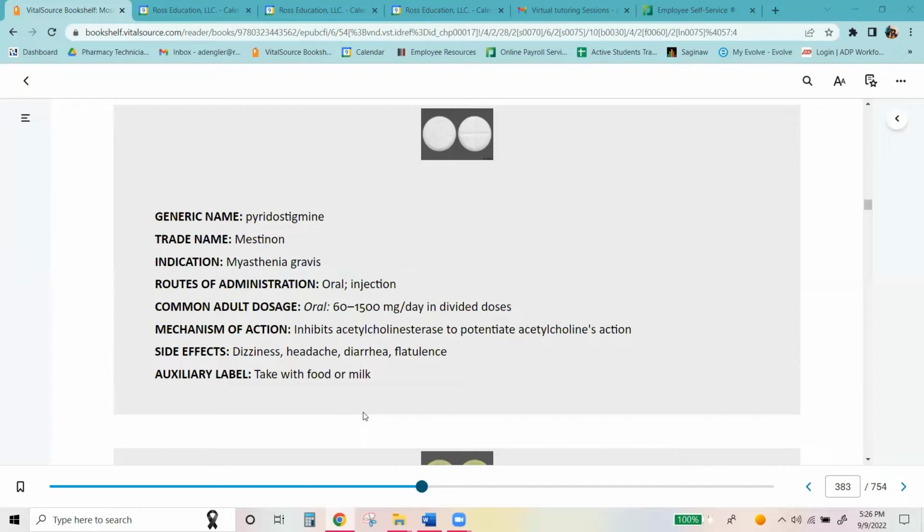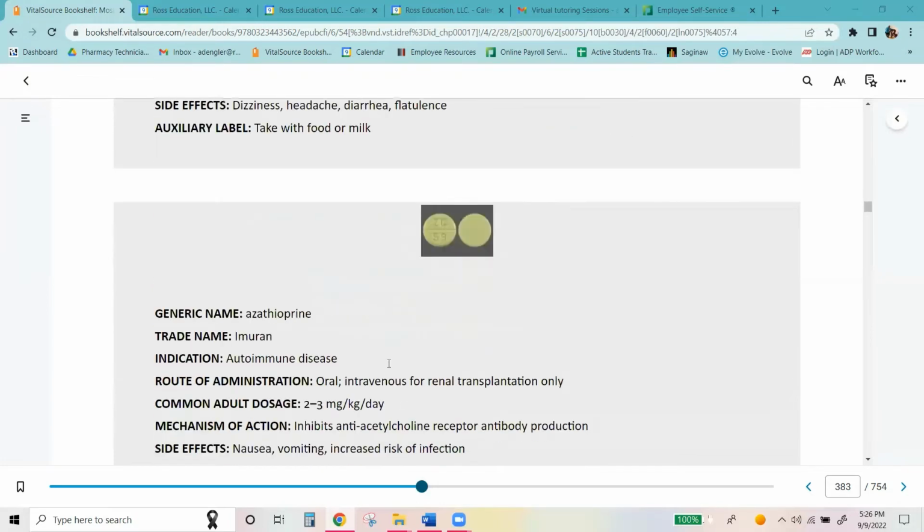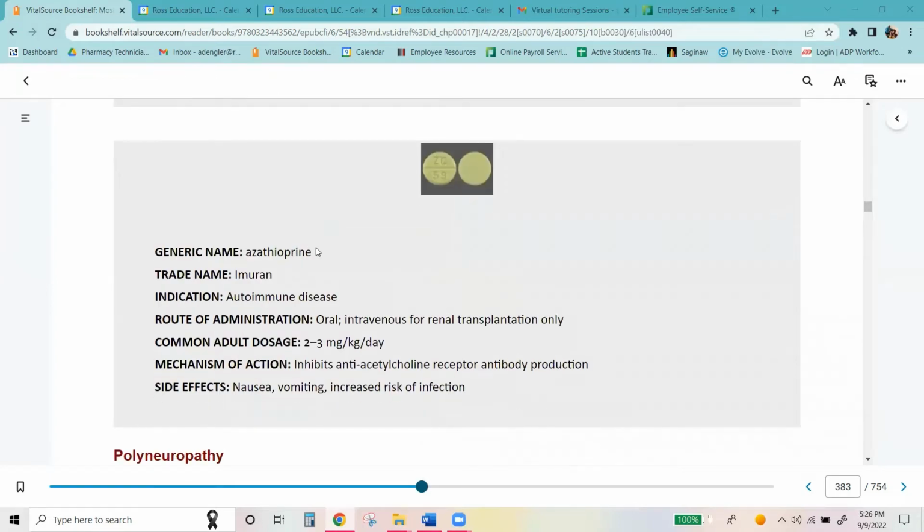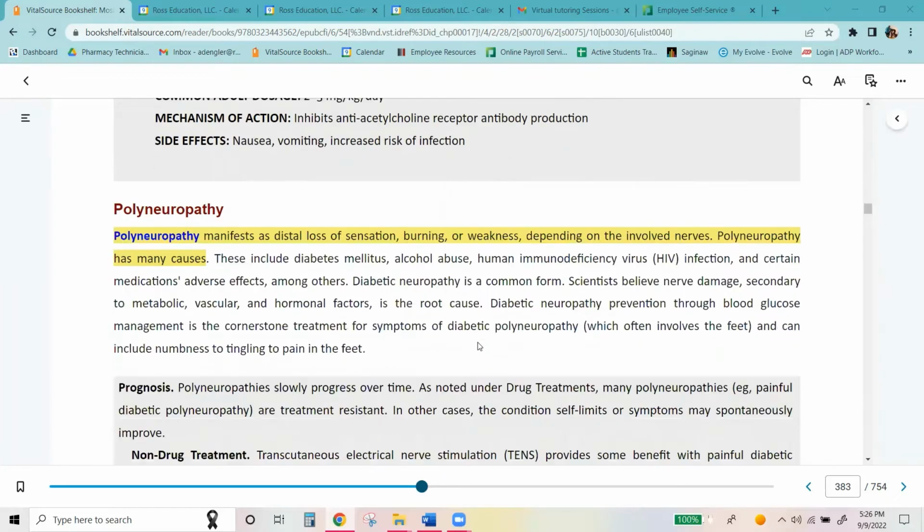So these chapters are good chapters to help you complete your med list. We have the medication Imuran, also for autoimmune disease.